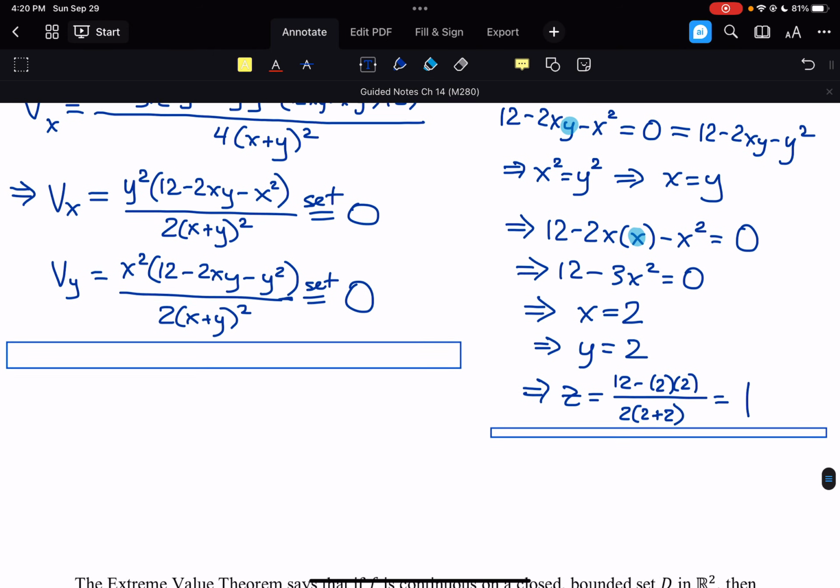It asked for the maximum volume. So we're almost there. The volume is just x times y times z, which is 4. So the maximum volume is 4 cubic meters.